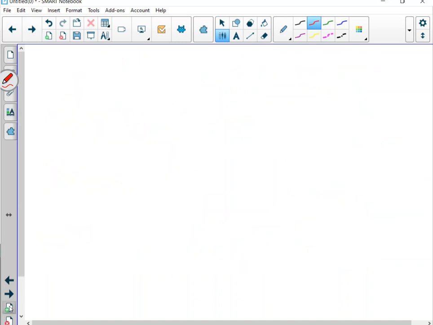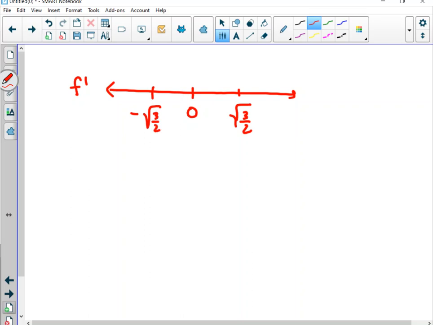All right. So let's make a number line. 0, square root of 3/2, negative square root of 3/2. So 2 and 1 should be on either side of it.